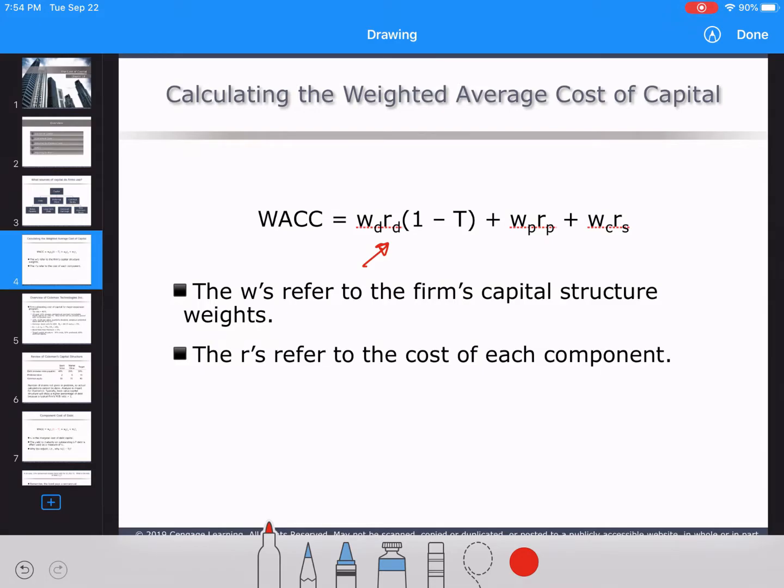So this is the after-tax cost, 1 minus T times R sub D, and then preferred is this one, and common equity is this one. And this is the weighted average cost of capital. That means you take into account various sources of capital, R sub D, R sub S, R sub P, and put them together as the weighted average cost of capital.